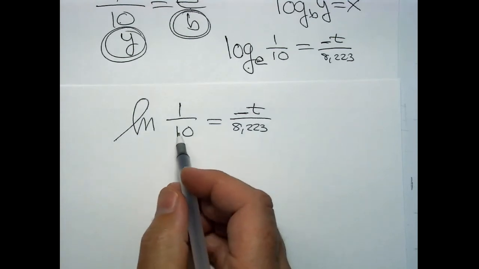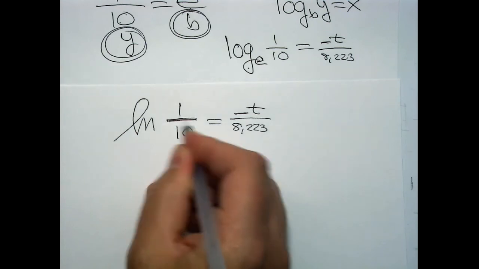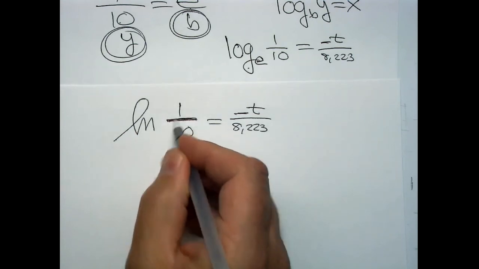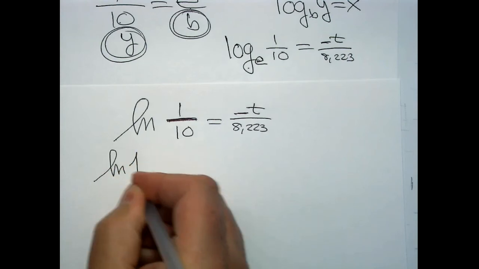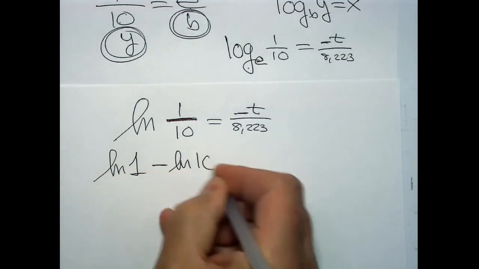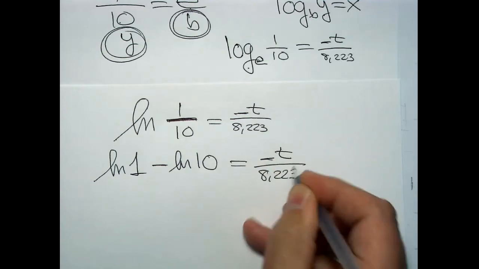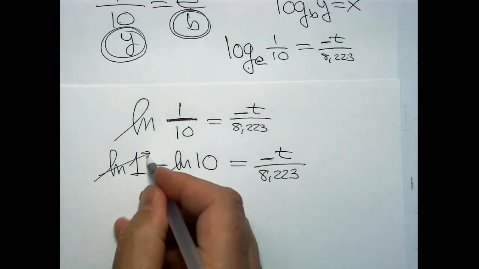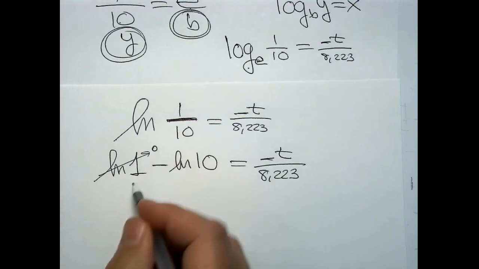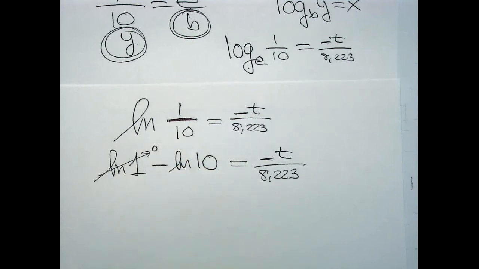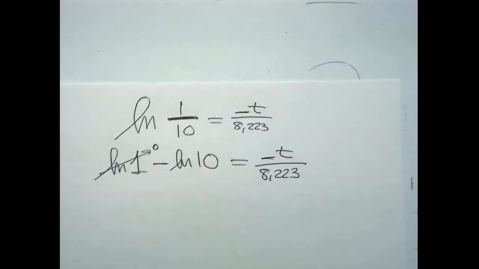A couple things we can do. Remember the properties of logarithms? Remember that you could break out division and make it subtraction? I think that's going to play a nice role in here because we know the natural log of 1 is 0. In fact, the log base anything of 1 is equal to 0. So that's gone.